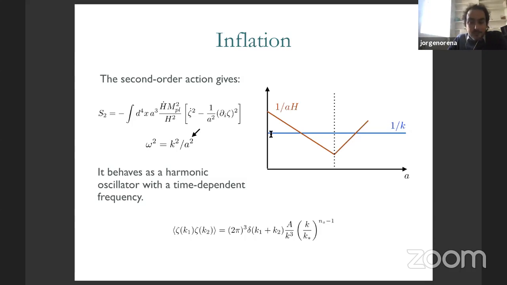So basically, if I take some scale in the problem, say 1 over k, the scale of some metric fluctuation, and I compare it with the comoving horizon, during inflation the comoving horizon shrinks, the scale exits the horizon, and then it freezes. So whatever information was encoded during inflation is frozen and kept for later on.